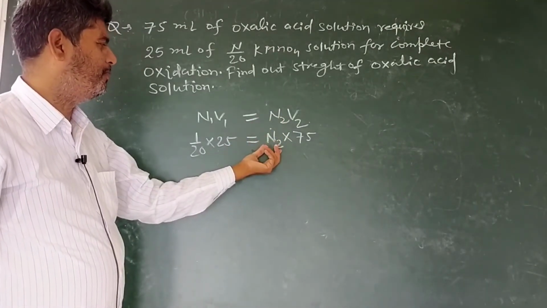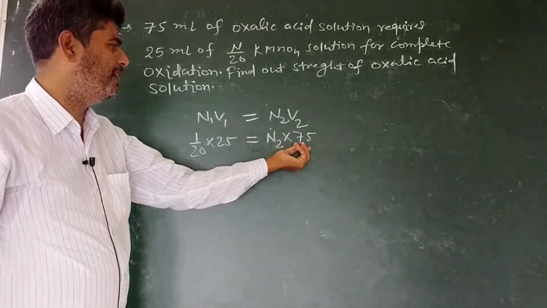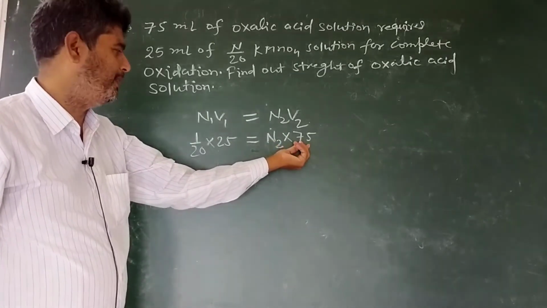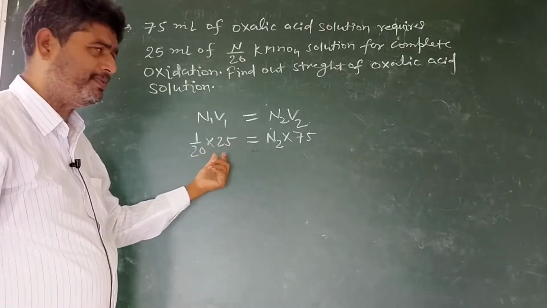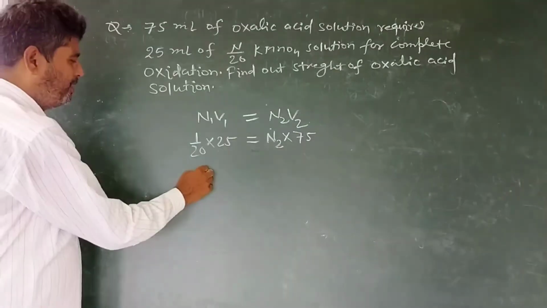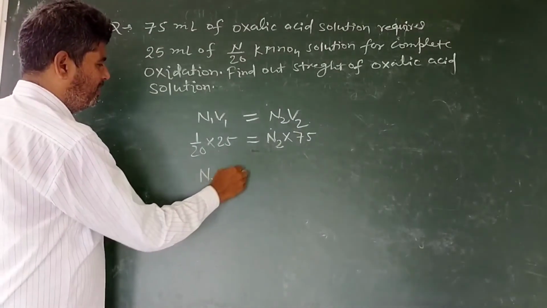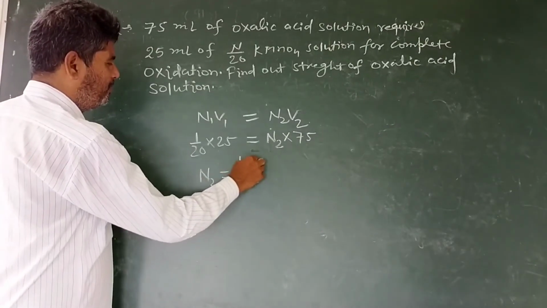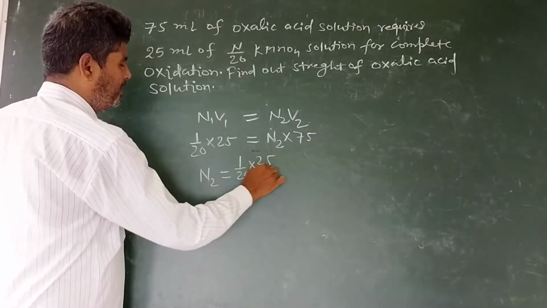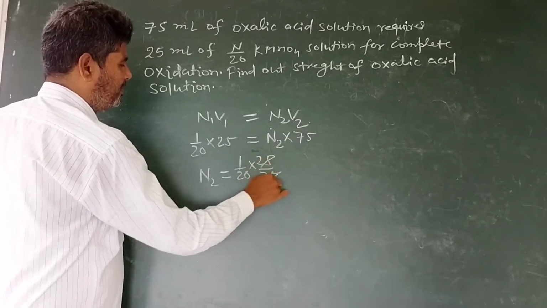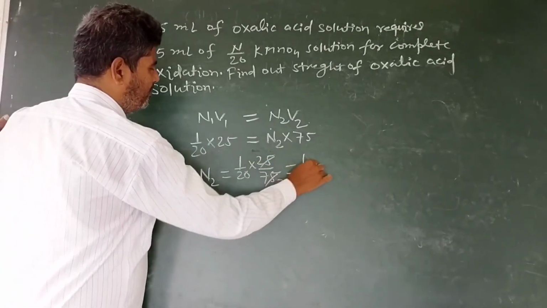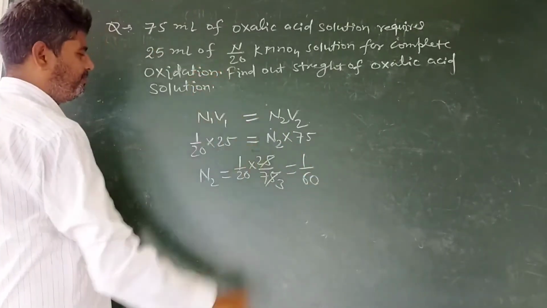When we find the value of N2, its multiplicand, that is 75, will come at the denominator. So N2 is equal to 1 by 20 into 25 upon 75, that is 1 upon 60.